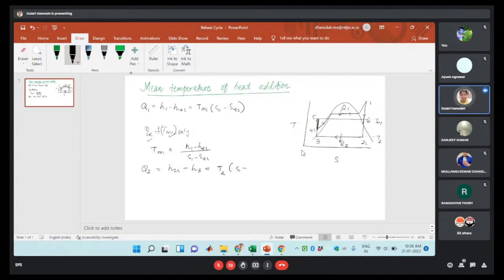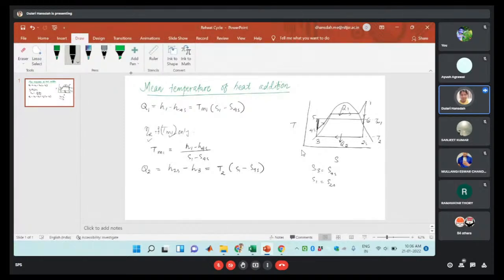The entropy is the same, so S2s is the same as S1. S3 is S4s and S1 is S2s, so in place of S3 I can write S4s. So this is your heat rejection.